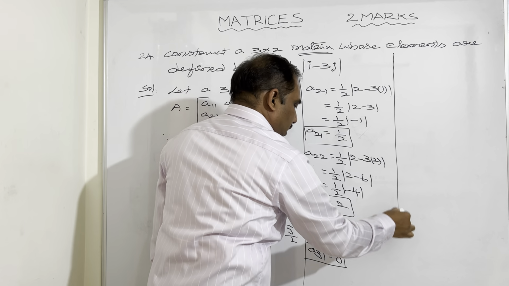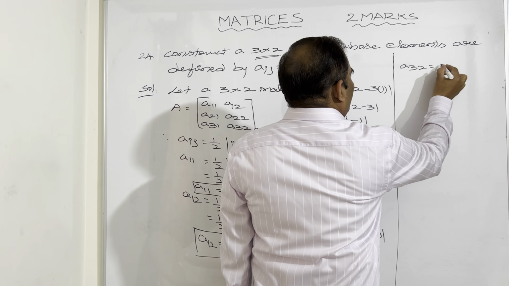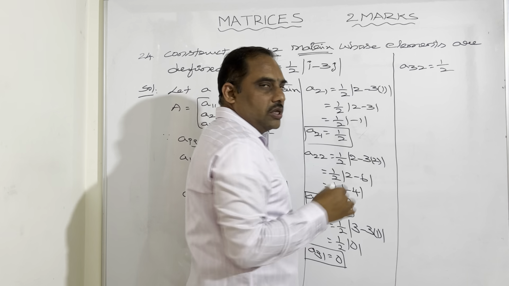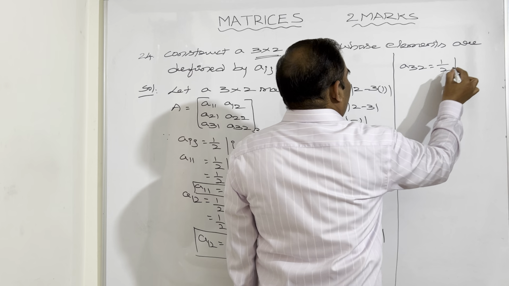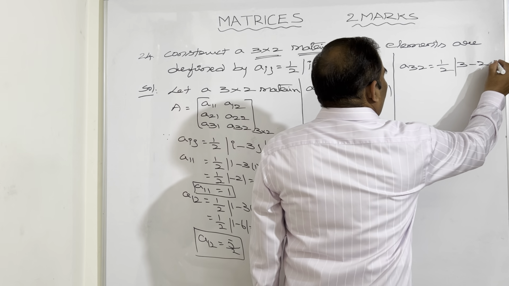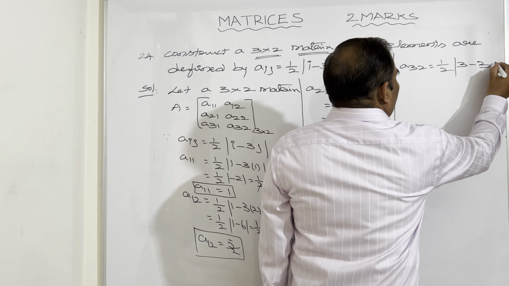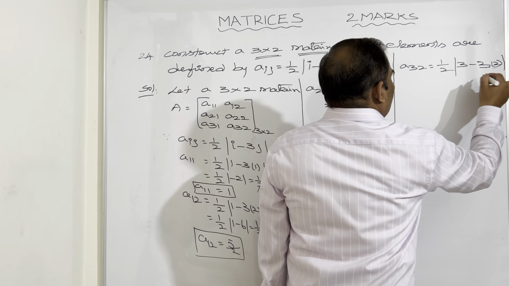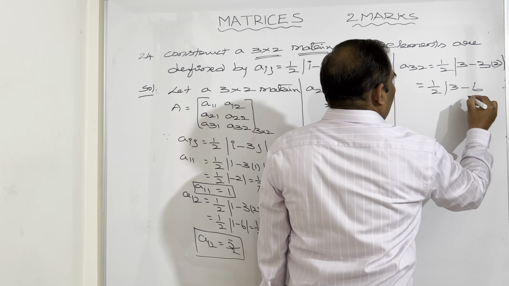Similarly, finding A32 element. So now A32 is equal to, so i is equal to 3 here, j is equal to 2. Now substituting in this, 3 minus 3 into j is 2, so that's why here 1 by 2 into 3 minus 6.